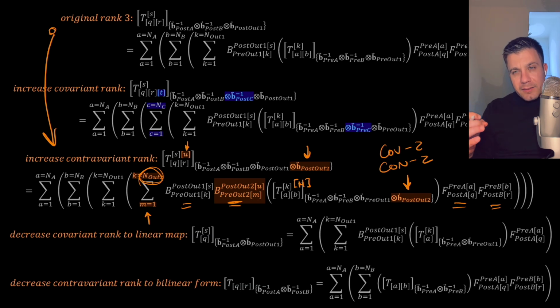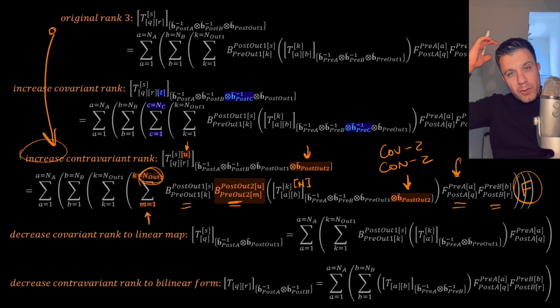It should be easy to realize when you're making a mistake, because let's say for the covariant rank 2, contravariant rank 2 case, you tried to add a third forward transform matrix. Well, where are you going to get that from? You don't have any more primal vectors to draw that from. If you remember, each one of the basis sets is associated with a primal vector, and each one of the primal vectors has its associated transform matrix.